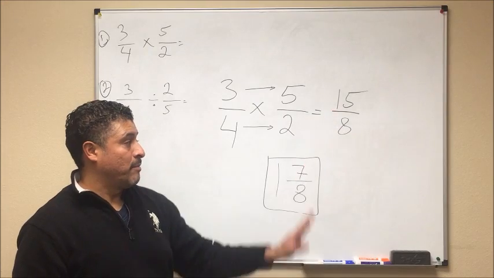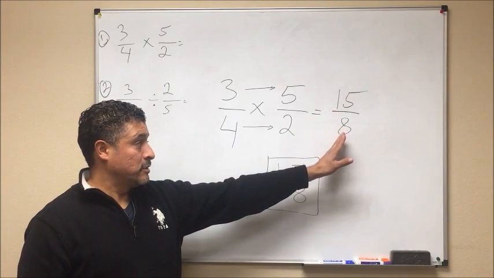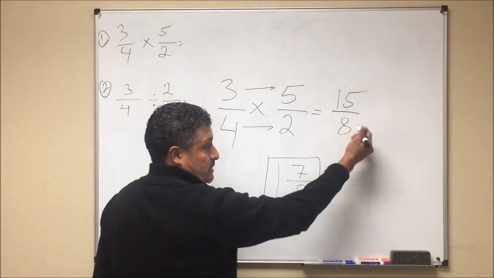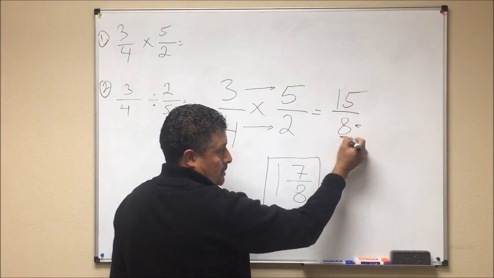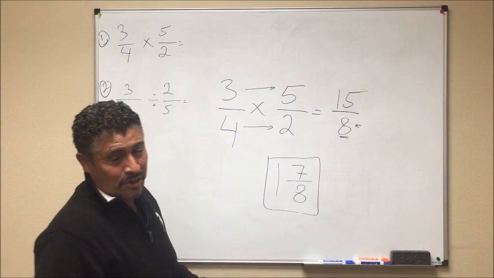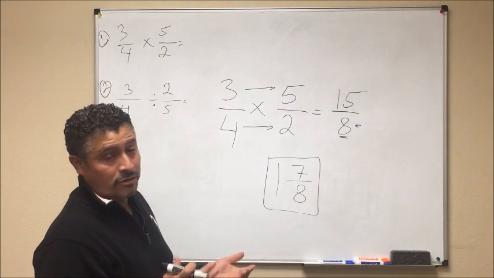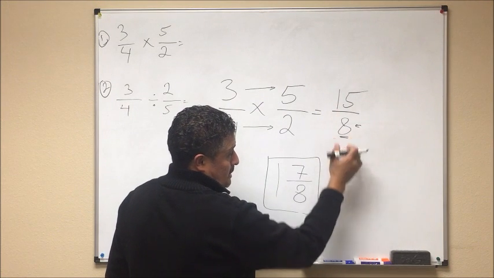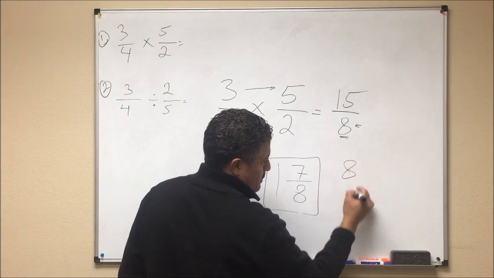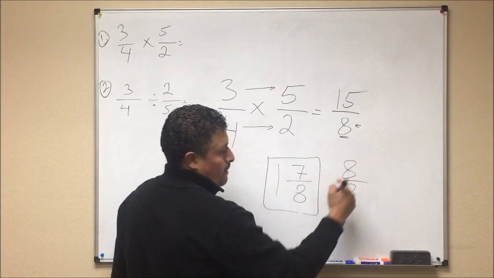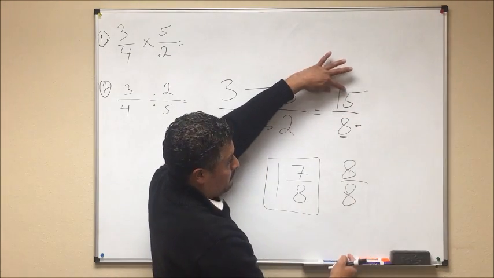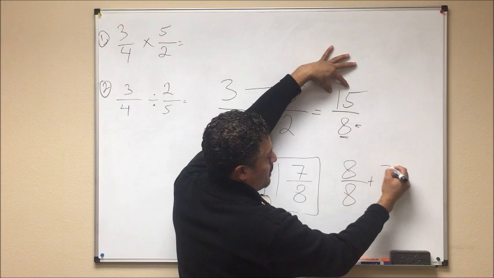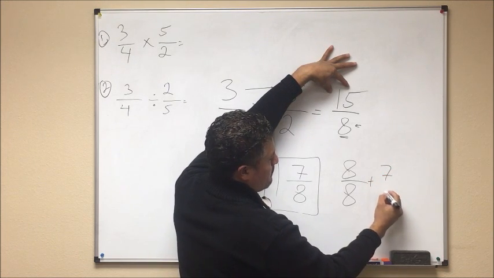Okay, now I'm gonna go ahead and do it differently so that people can understand it a little bit better. If this is the king, like I said, in fractions the denominator is the king because he's in control of the operation. So let's go ahead and take out a king. If I take an 8 out of 15, then we have 7 remaining, right? 7/8.